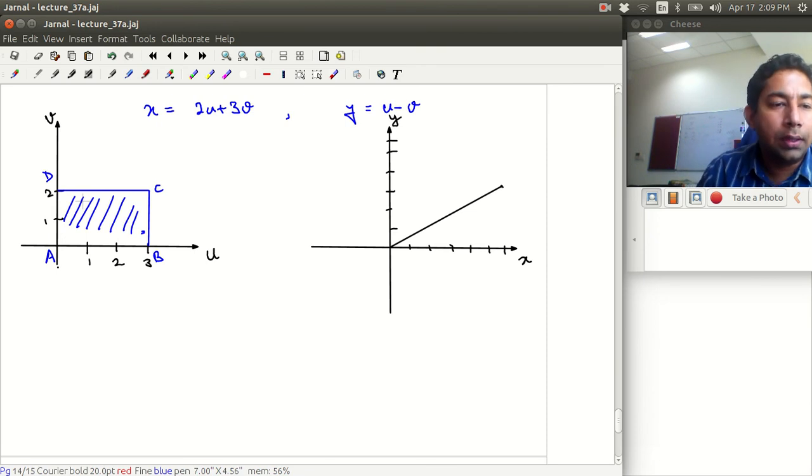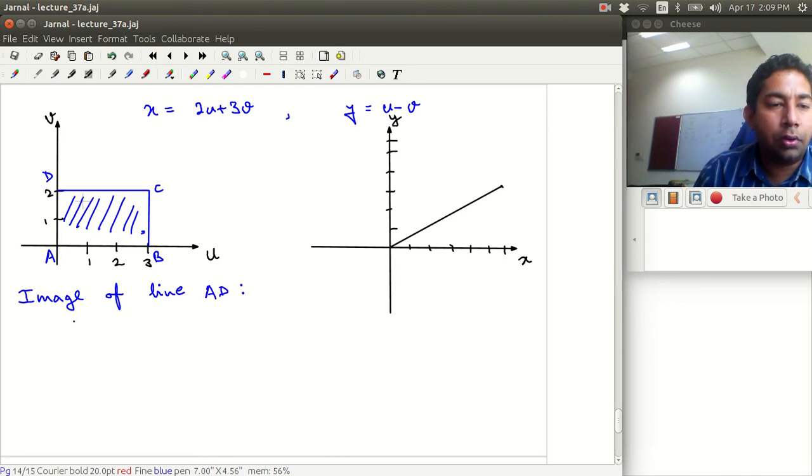Image of the line AD under the transformation that x is 2u plus 3v and y is u minus v. Now we ask the image of line AD, but I will not write segment.